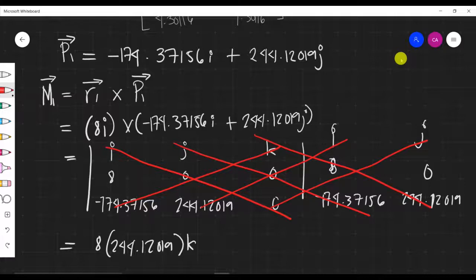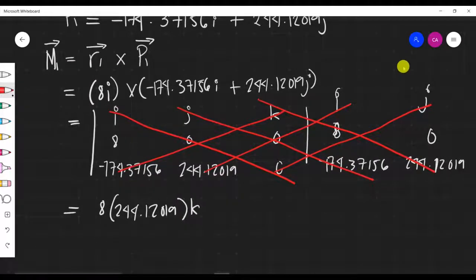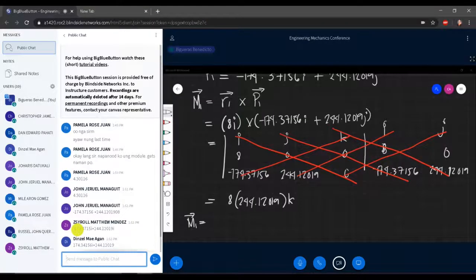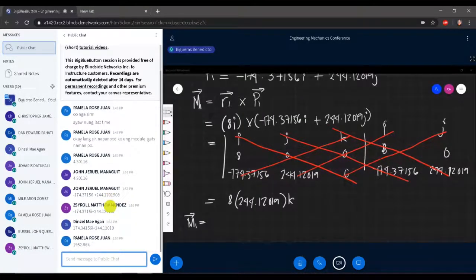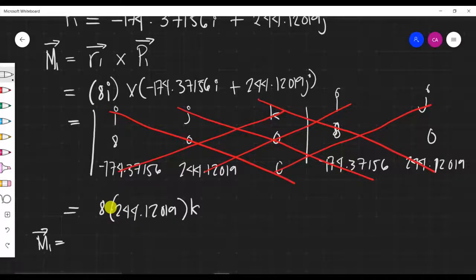So ibig sabihin nun, ang ating M sub 1, yung unang moment, 1952.96 k. Positive siya. Tignan natin, totoo nga ba talagang positive?